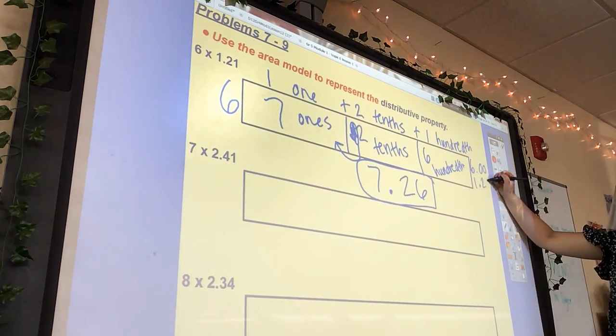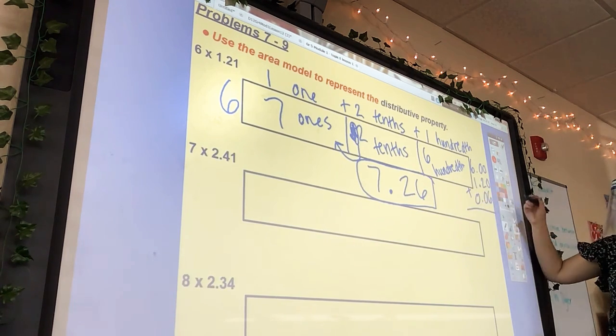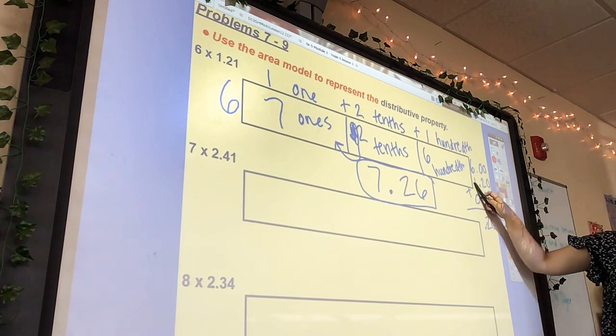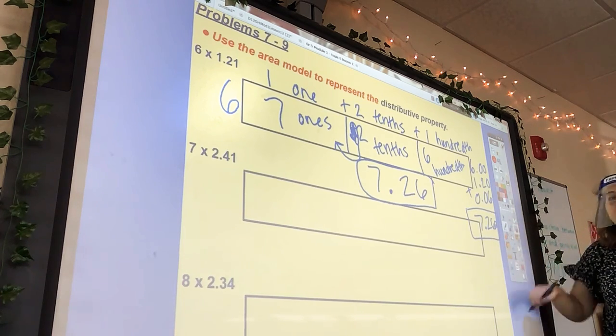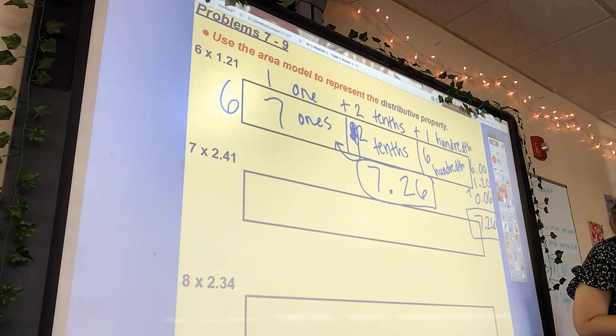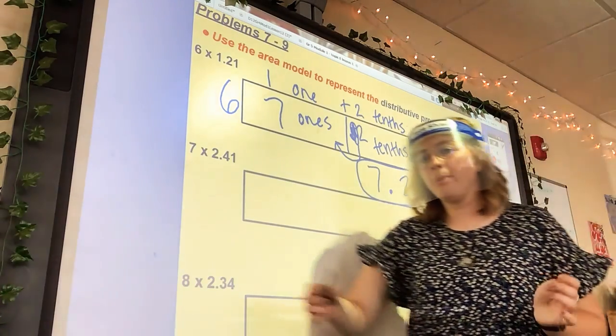Then 1.20, then 0.06. Add it together. There we go. So then 6, 2, and then 6 plus 1 is that 1 that we carried over. So it would be 7.26. So, Olivia, to answer your question, yes, you can do that. Whatever is going to be easiest. Any questions about that? No. Okay, thank you for being patient with me. Thank you for being awesome. Go ahead and put your notebooks away.